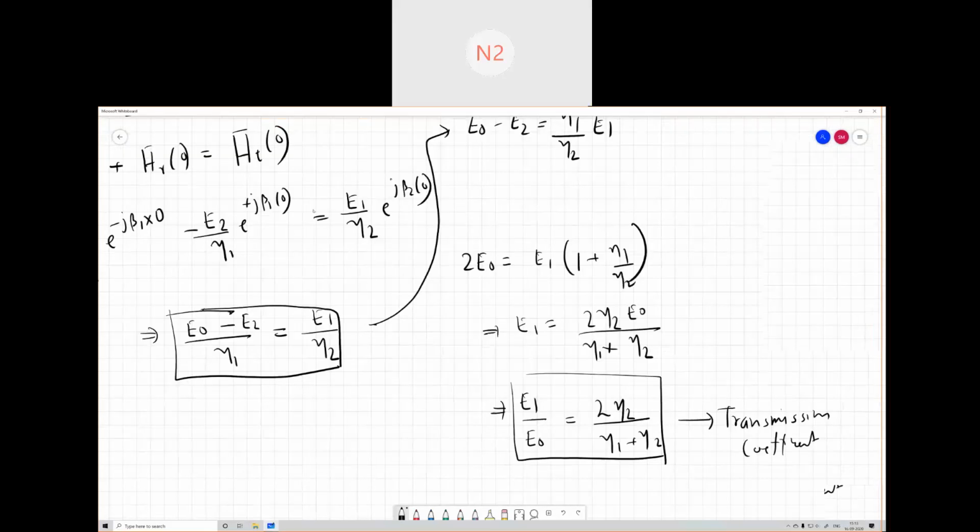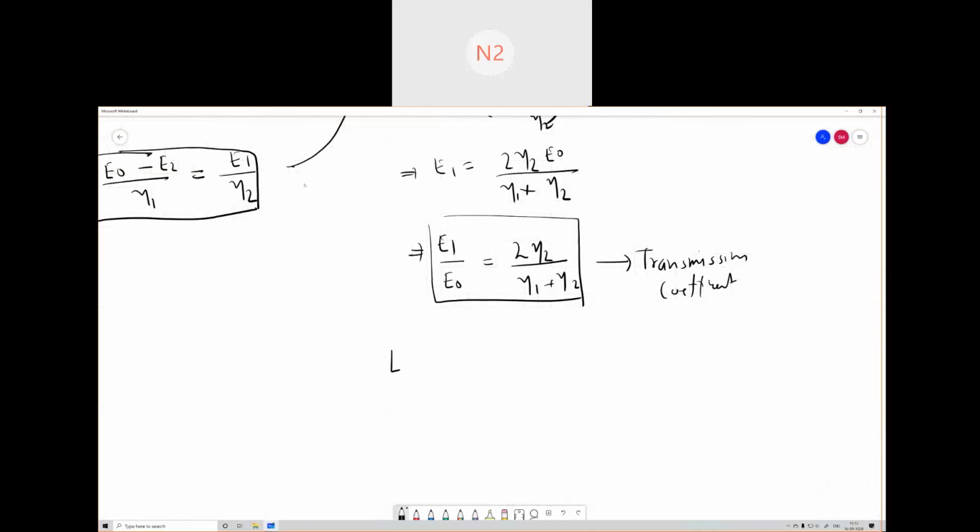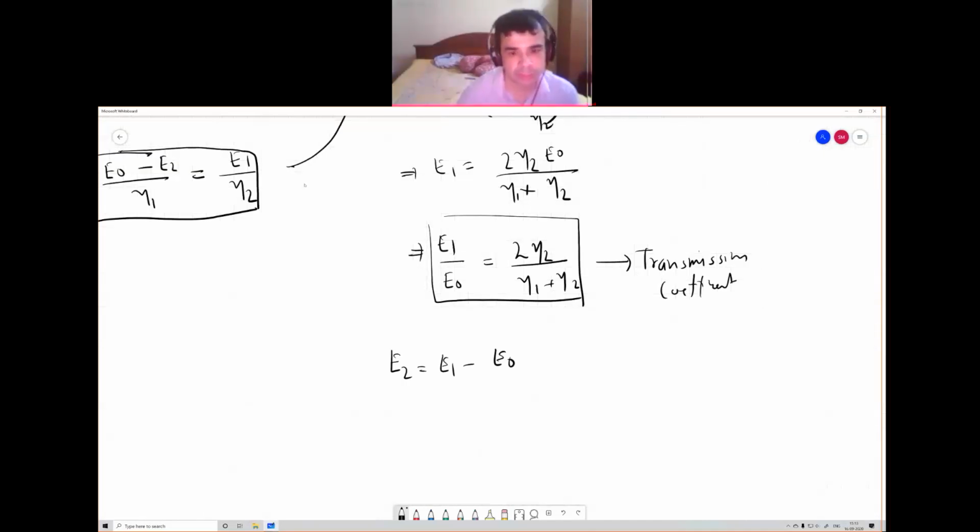Use E2 equal to E1 minus E0, and tell me what is coming, in terms of E0, eta 1 and eta 2, not in terms of E1.